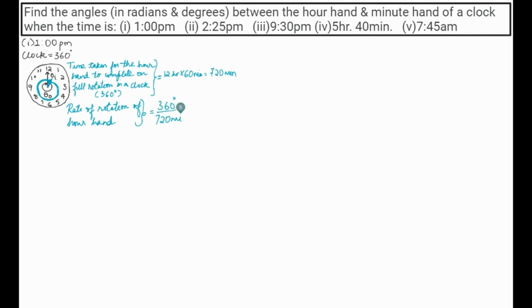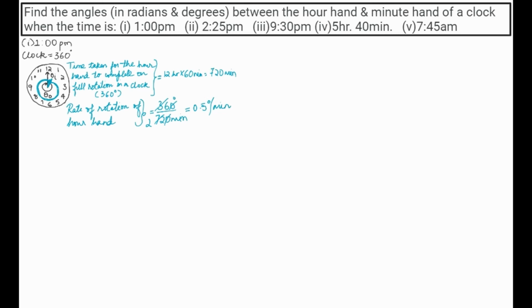When we divide 360 degrees by 720 minutes, we get the rate of rotation of the hour hand. 36 into 2 is 72. So the hour hand moves 0.5 degrees per minute.